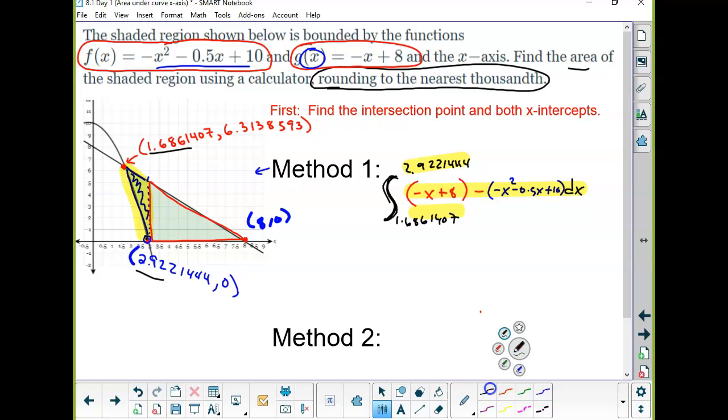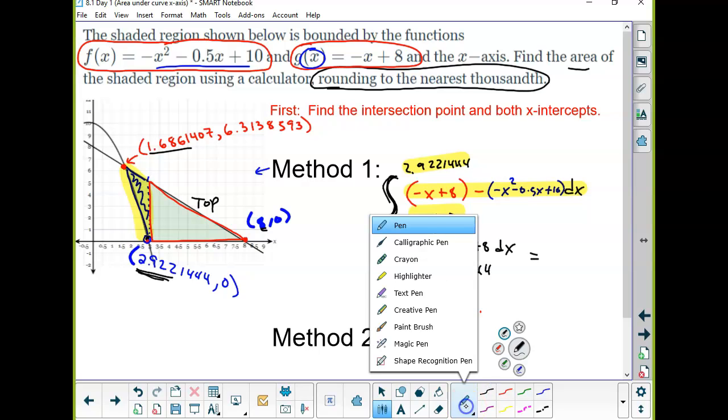But we want the full piece, so now you have to add the integral from this x value all the way to 8, but notice it's just got one top and it's bounded by the x-axis. So you go from 2.9221444 to 8 of what is the top. All that is the linear function, and those are your two pieces that you would add together.